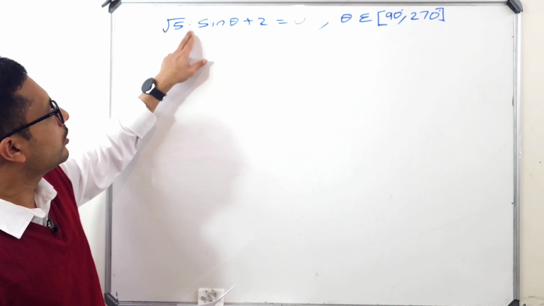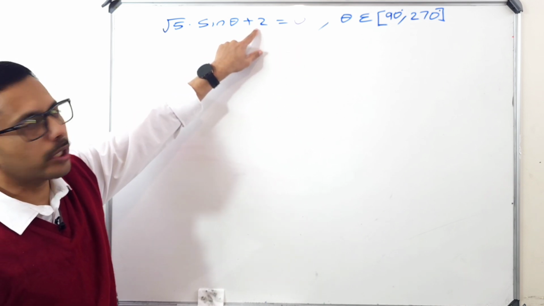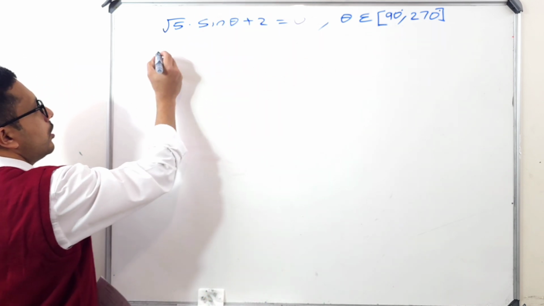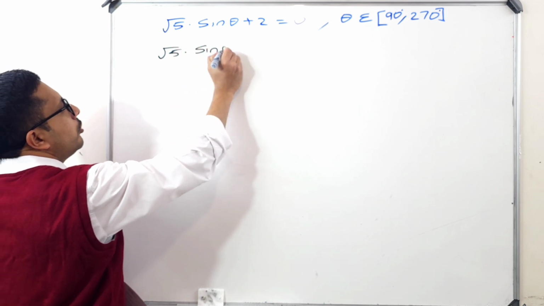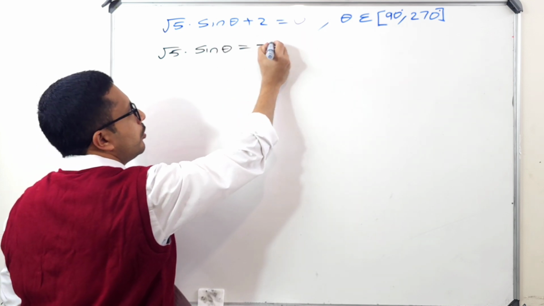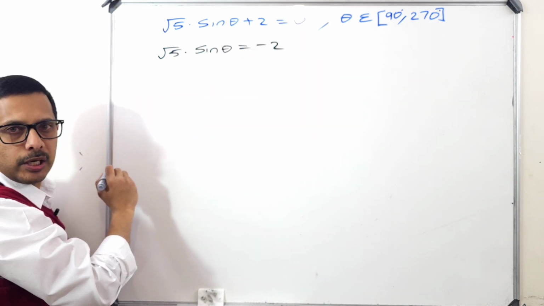Square root of 5 times sine theta plus 2 is equal to 0. So if I take this plus 2 to the other side, what is that one? Minus 2. So it is square root of 5 times sine theta equals minus 2. What does the dot mean? It is multiplication.